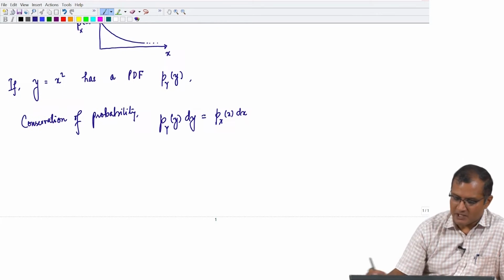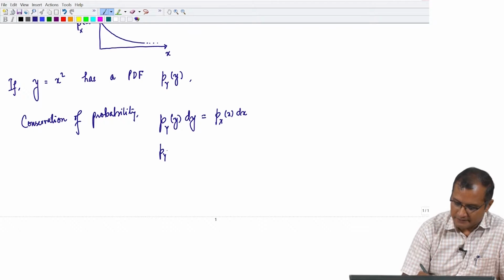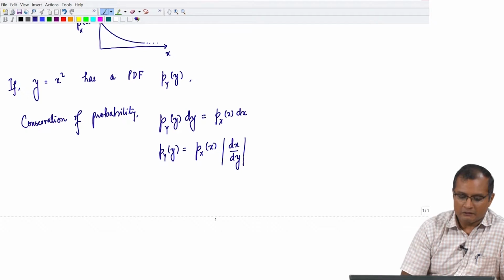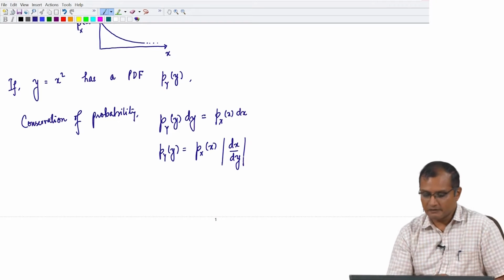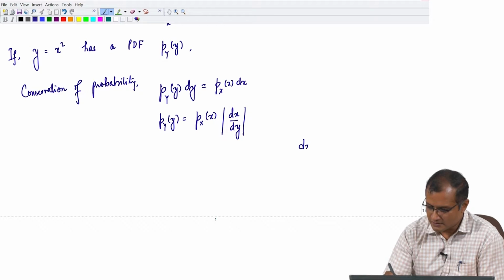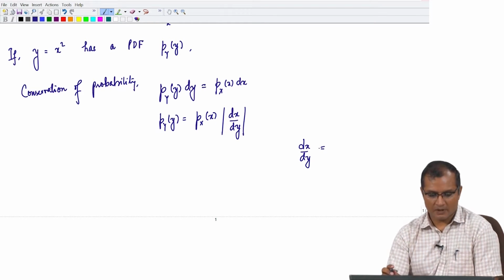And by our previous logic, our P of y is nothing but the probability as a function of x into the Jacobian, which is dx over dy. Now, for the equation y equal to x square, we can compute this derivative.